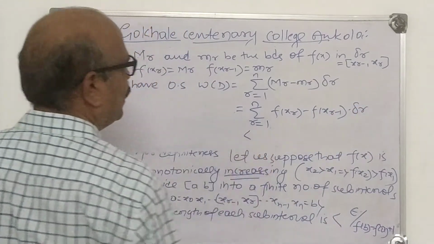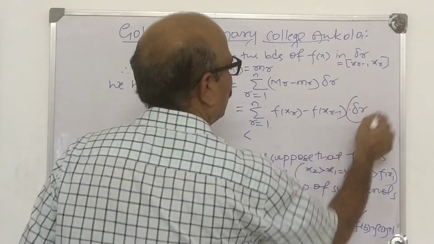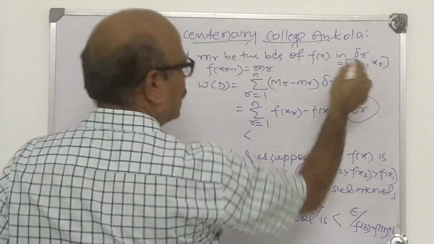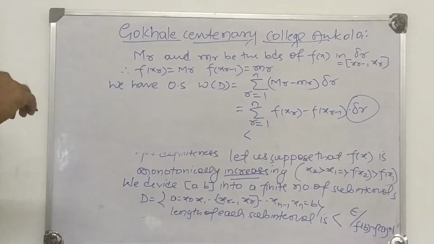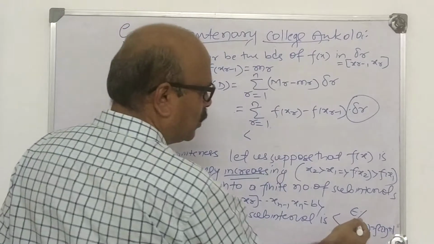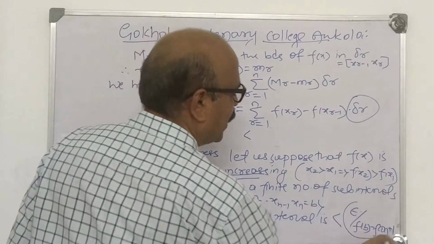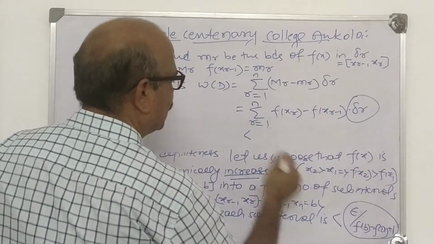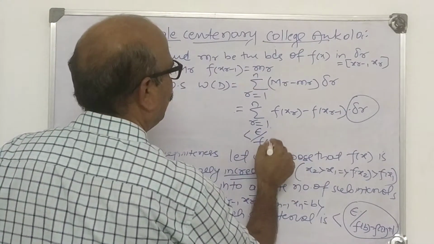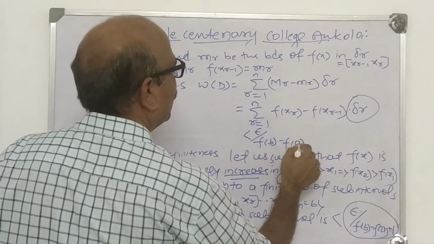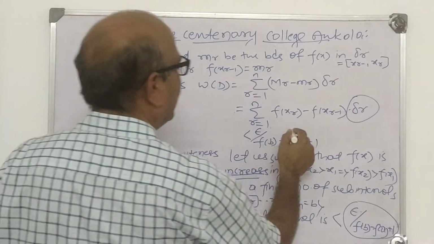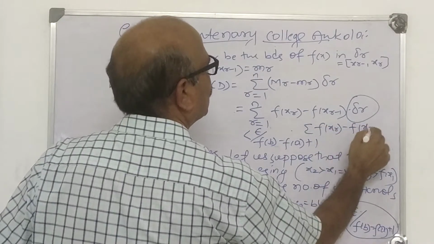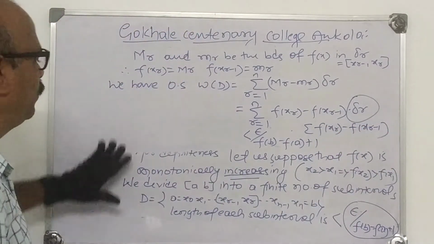Now it is less than, and this is important now. What is delta r? Delta r is the length of the r-th subinterval, and we have divided AB so that the length of the r-th subinterval is less than epsilon by f(b) minus f(a) plus 1. So delta r is less than this. So epsilon by f(b) minus f(a) plus 1 into sigma of f of xr minus f of x(r-1).